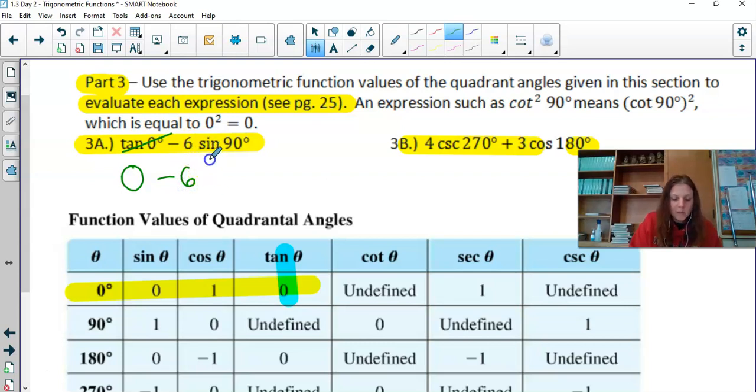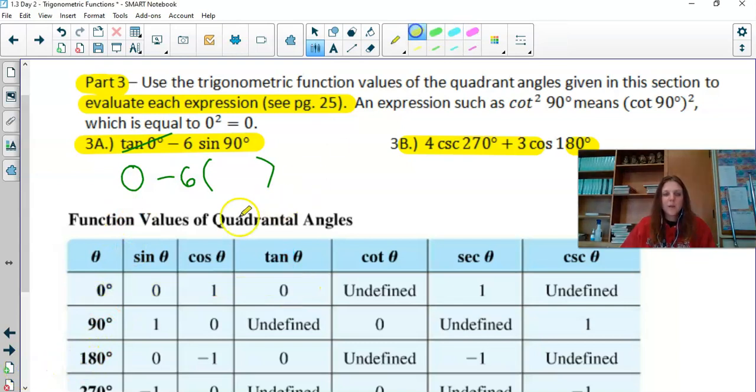-6 times the sine at 90. Okay, so now I'm going to go ahead and find the sine of 90 degrees. So I'm going to find sine. I'm going to follow it down until I see 90. Follow that over, and you can see that the sine at 90 degrees is 1. So I'm going to write 1 in my parentheses.